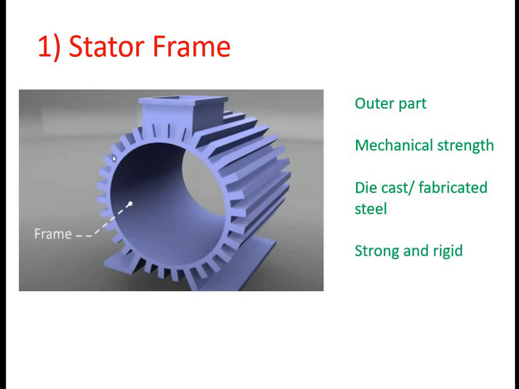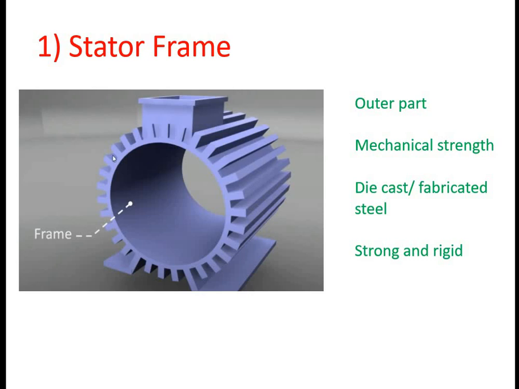Since by structure the air gap for such machines is very small, we prefer a strong and rigid stator frame, otherwise it may lead to unbalanced magnetic pull. That unbalanced magnetic pull is caused by the non-concentric position of the rotor with the stator.